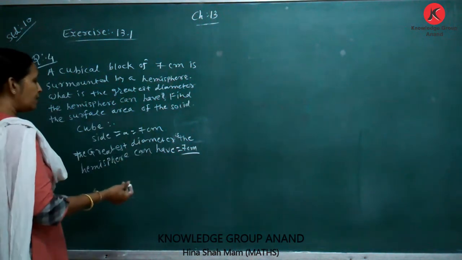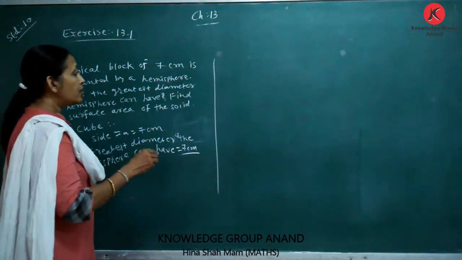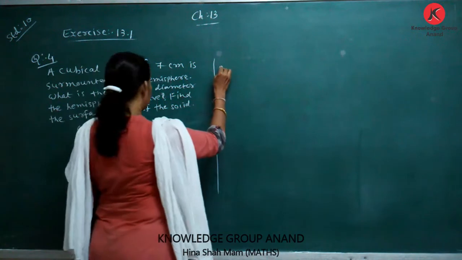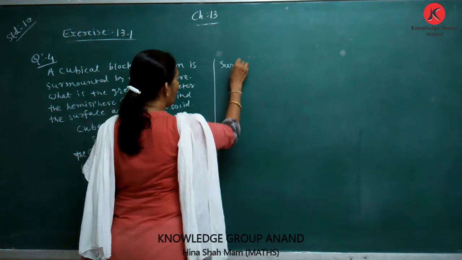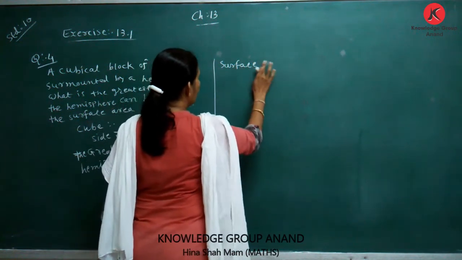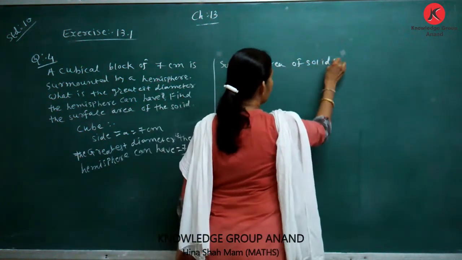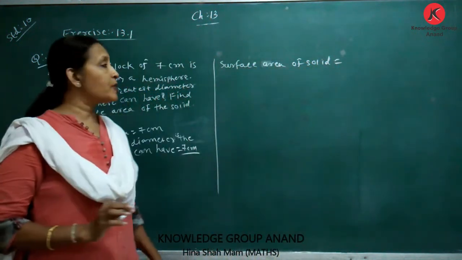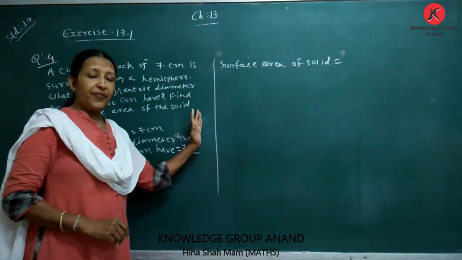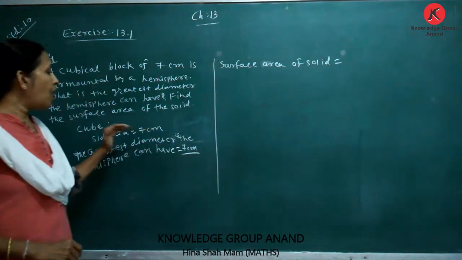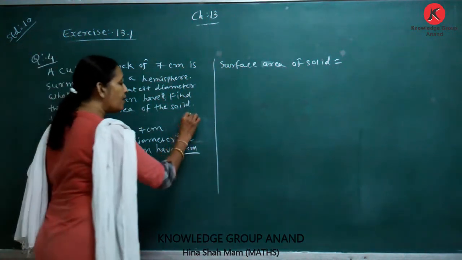Find the surface area of the solid. In the example we show, the total surface area of the solid is equal to the outer surface area of the cube plus the curved surface area of the hemisphere.